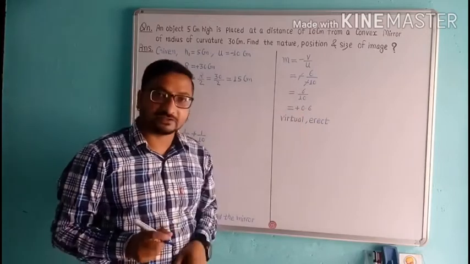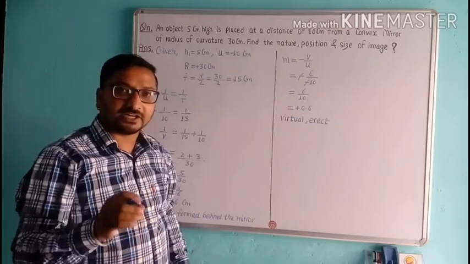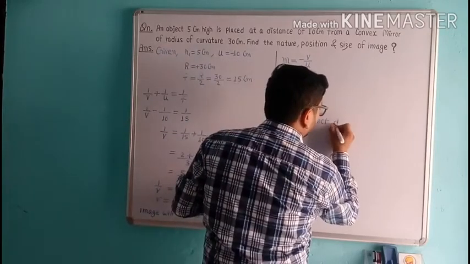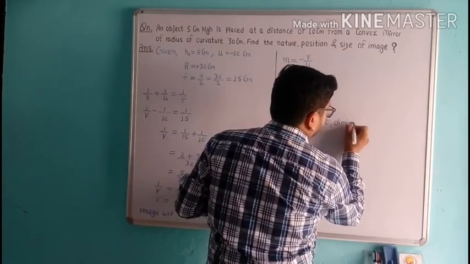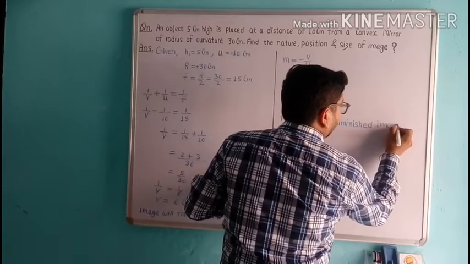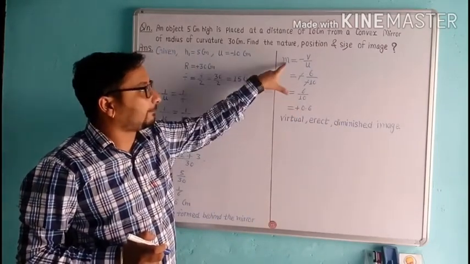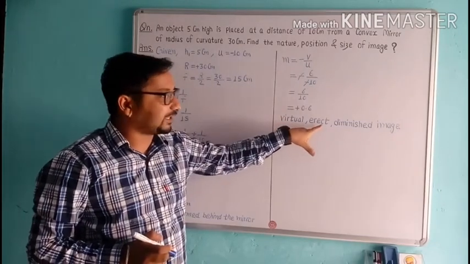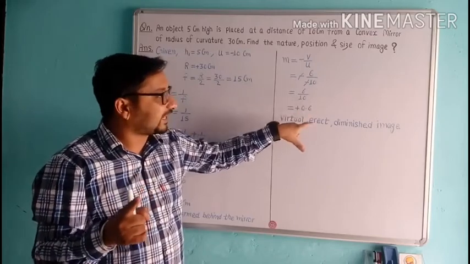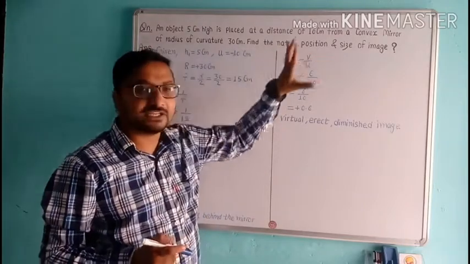When magnification is less than 1, it represents that the image is diminished. So the plus sign of the magnification represents that the image is virtual and erect, and this number is less than 1, which implies that the image is diminished. This is the nature of the image.